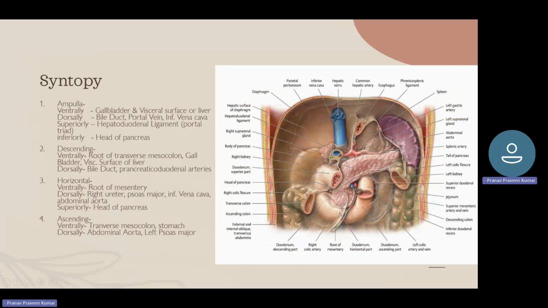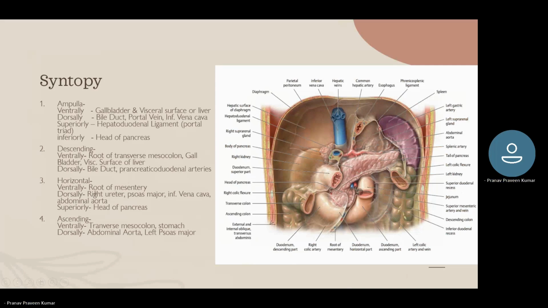Now, the horizontal part of the duodenum. Ventrally, you would have the root of mesentery, as we talked about, which begins at the duodenojejunal flexure. The root of mesentery is basically how the rest of the small intestine attaches to the back of the abdominal wall, and the same for the transverse mesocolon, where the transverse colon of the large intestine attaches to the back of the abdominal wall.